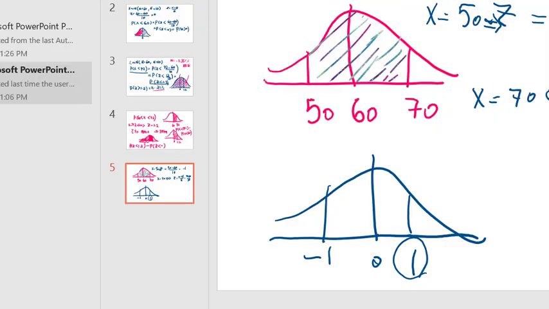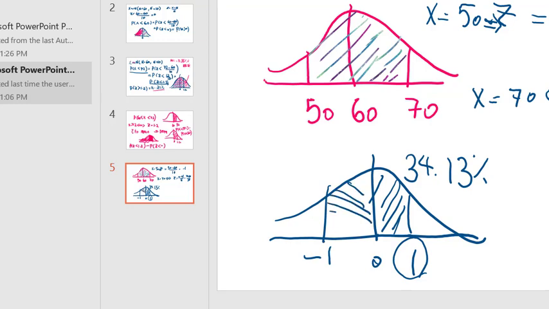So here, this value, percent to mean, is 34.13%. But then, as the normal curve is symmetrical, this percent is the same as this percent. The probability of Z from -1 to 0 would be 34.13.